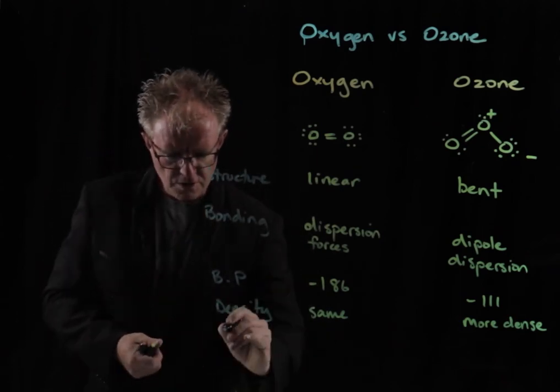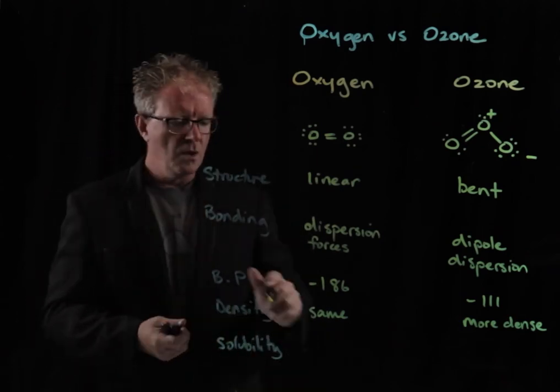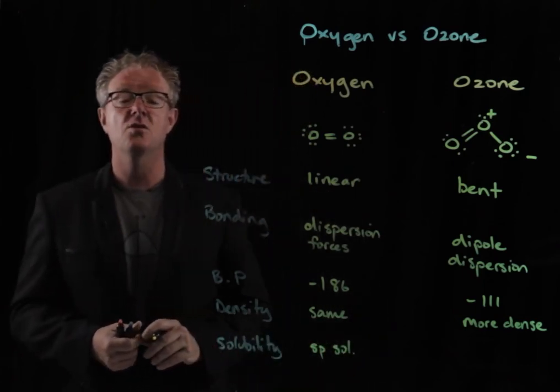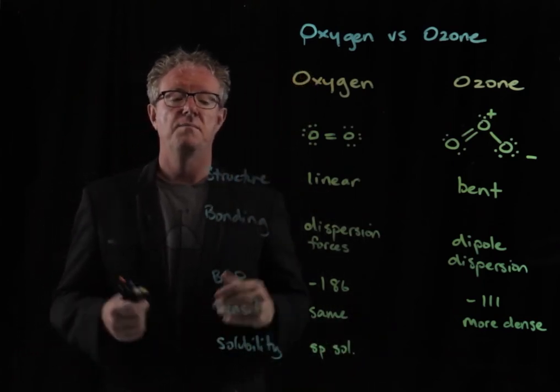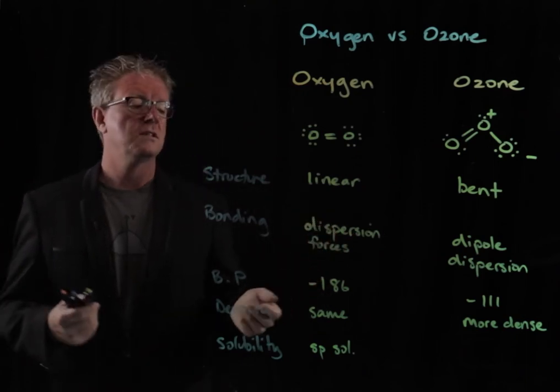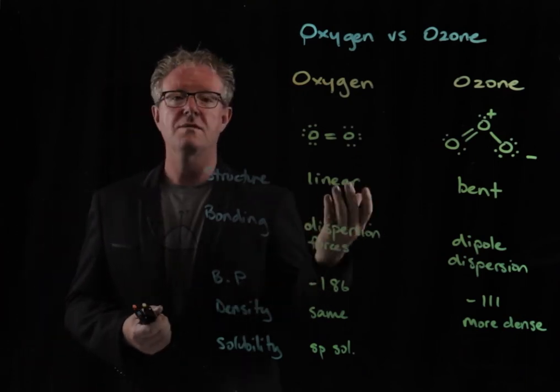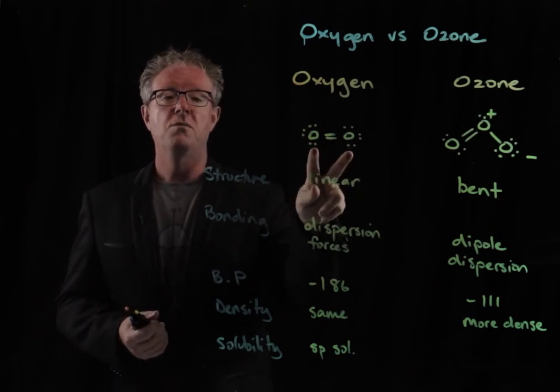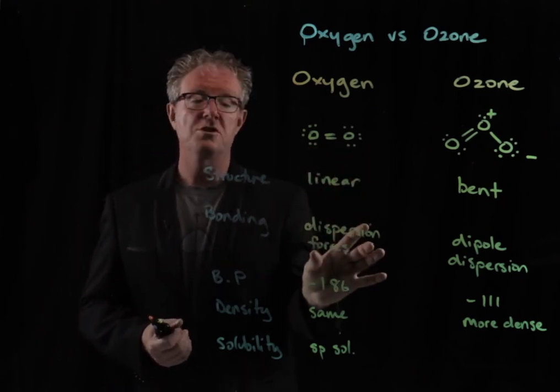And if we turn to solubility, well, oxygen is sparingly soluble. In other words, it does dissolve in water, in polar solvents, but not very well. It is a non-polar molecule because it's got only dispersion forces.